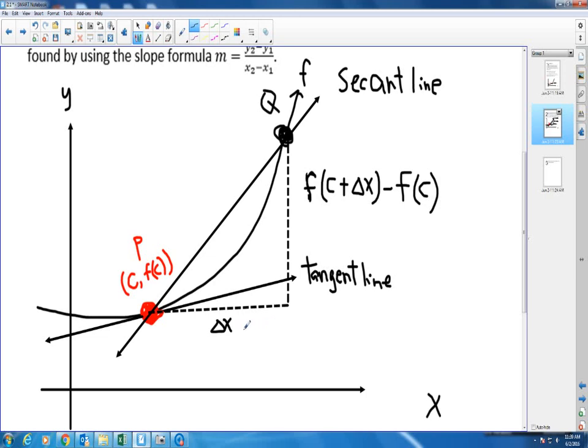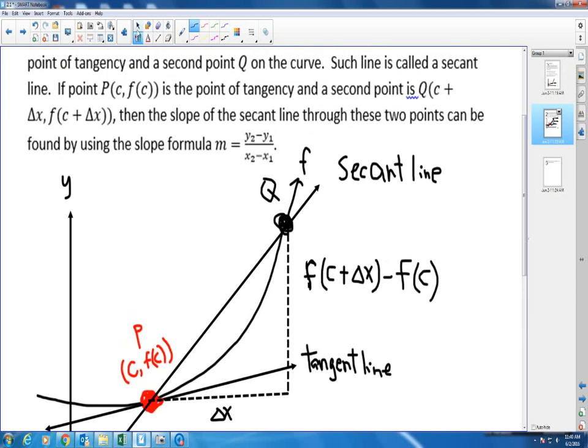So as far as the x value is concerned, if I take this 1 plus the 4, that will give me my 5. But right here we're talking about the change in altitude. So take that 5, the 1 plus the 4, and plug it into the function, which will give you a y value for Q. So you take the y value of Q minus the y value of P. That will give you the change in altitude.